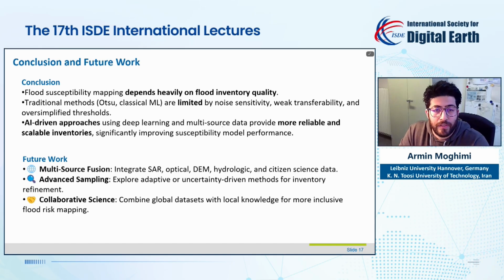For the future, we need to expand benchmark datasets, strengthen multi-source fusion, including SAR, optical, DEM, and citizen science data, and move toward near real-time mapping using platforms like Google Earth Engine. Exploring advanced sampling strategies and linking global datasets with local knowledge will make inventories even more robust. Overall, AI-driven methods are a promising path for improving flood risk management and resilience.